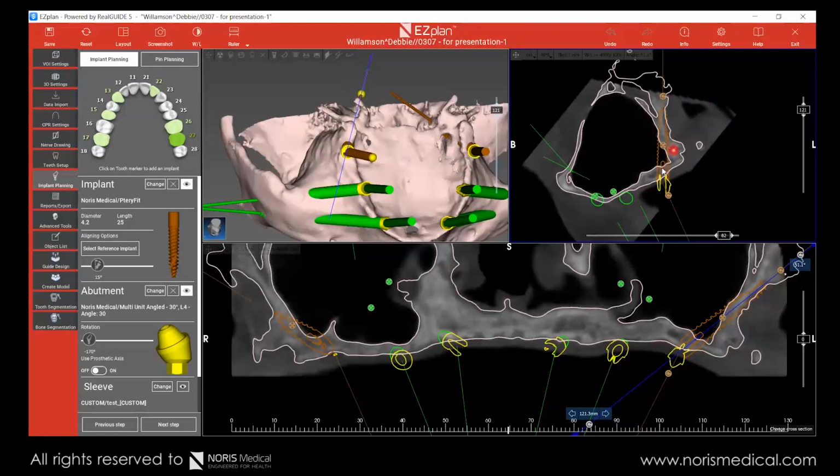What can happen when you come with a drill to this point? The drill can slip. If we don't stop at this point and make an entry point, it might slip and we might find ourselves falling into the sinus.